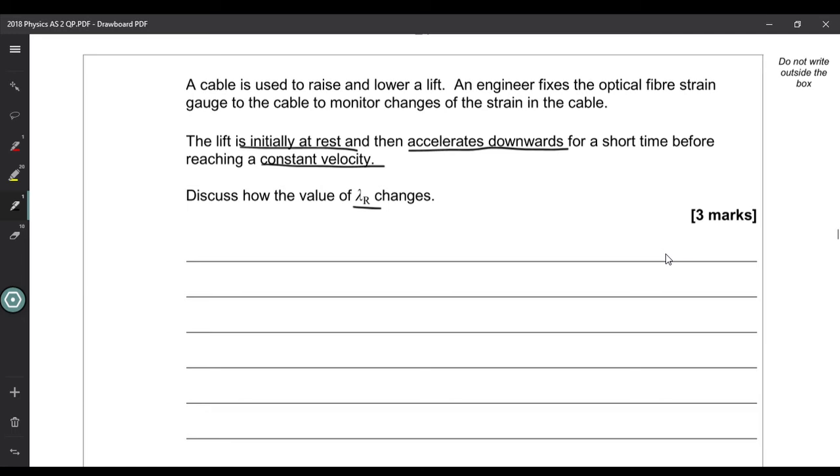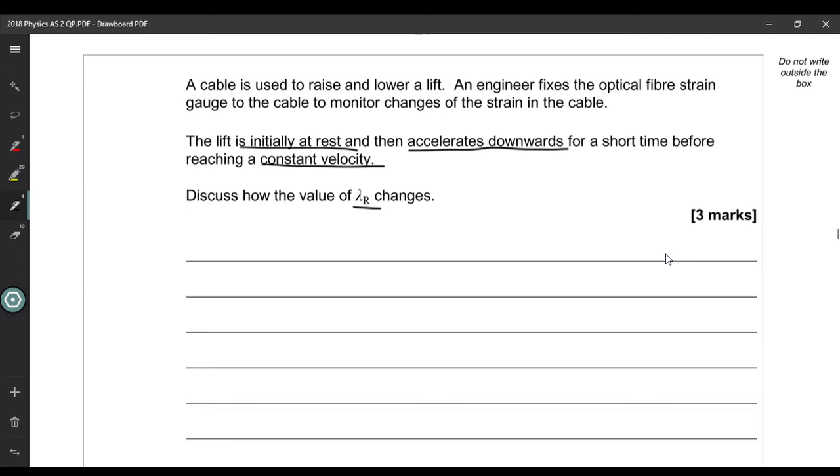Now, as a lift accelerates downwards, there must be a resultant downward force, because we know that F equals ma. So if it's accelerating downwards, then there must be a resultant force downwards. Now the weight of the lift is going to stay the same, so that means the tension in the cable must be less as it's accelerating down.